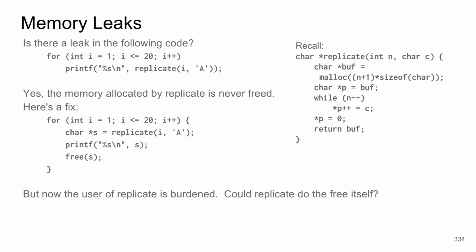So the user of replicate is now burdened, because now we have to handle whatever replicate is returning, and we have to make sure to free it. Would it be possible for replicate to do the free itself? Would there be a way to make it so the user doesn't have to handle it in the for loop?